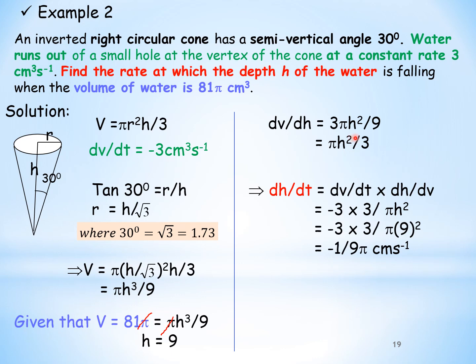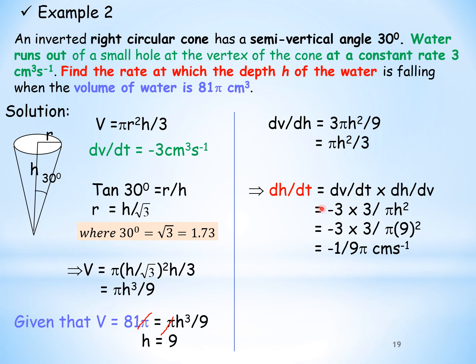Okay, then you're going to have this dh over dt. Dari mana dapat dh over dt? Ni, find the rate. Bila dia minta cari kadar, means dekat bawah sini must be over dt, at which the depth h of the water is falling. Dia minta cari kadar dh over dt.